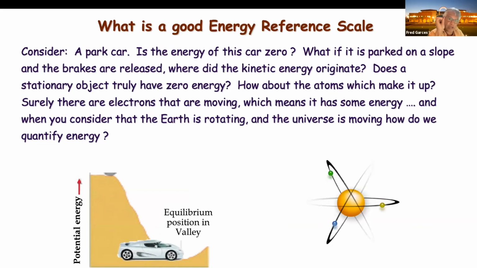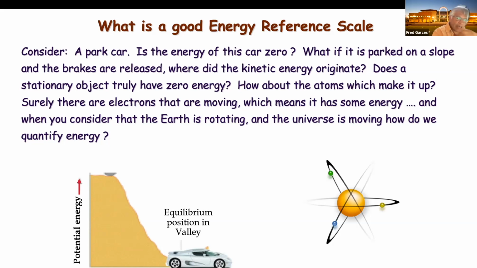And then somehow the brakes are released and it starts rolling downhill. Well, if it's rolling downhill, then it's losing energy. Where did that energy come from? Well, you can say that because it was parked elevated, it had a certain amount of potential energy, and now that potential energy is converted to kinetic energy. Now it's at the bottom of the hill, and we can say, okay, now it's got zero energy.